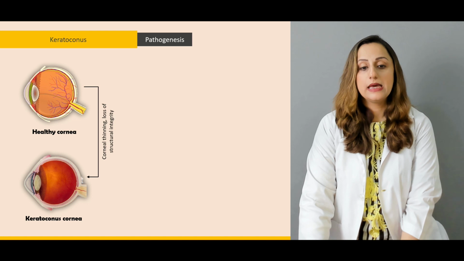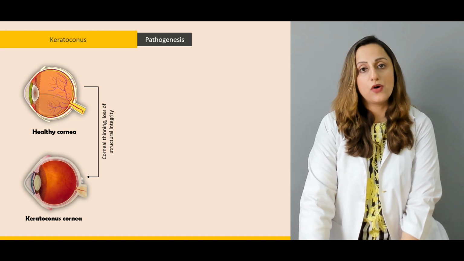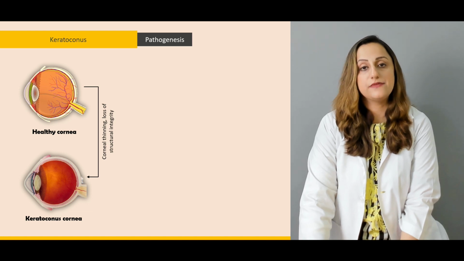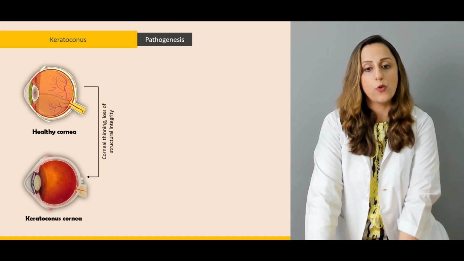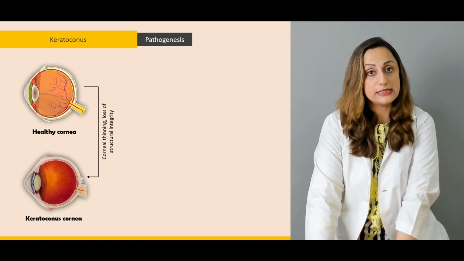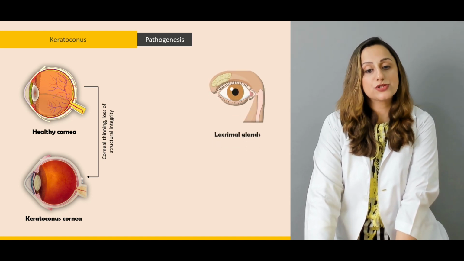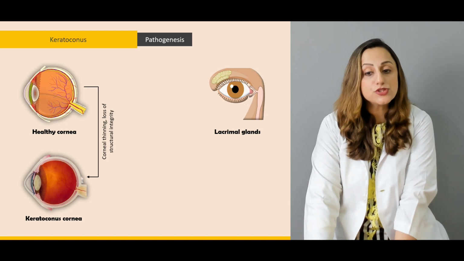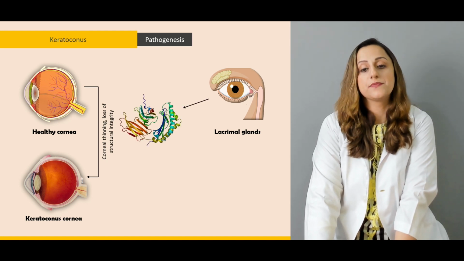Now, all of these changes at the level of the shape of the cornea develop due to the thinning of the corneal wall, corneal thinning and loss of structural integrity. Now, this loss in structural integrity is due to secretion by the lacrimal glands.